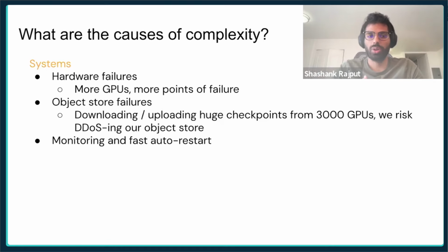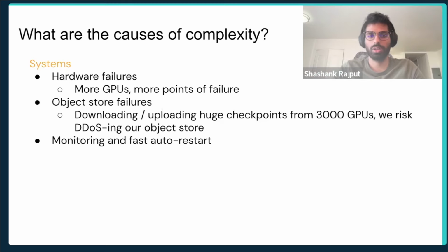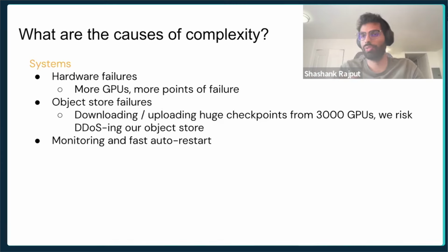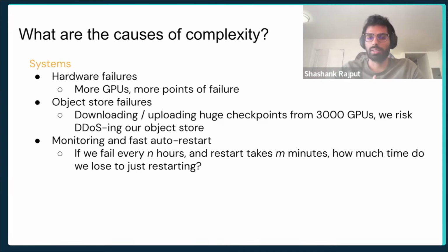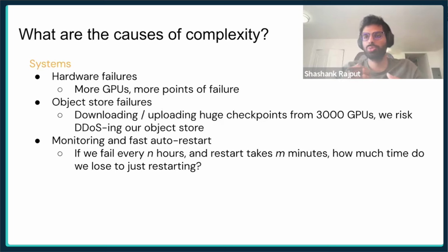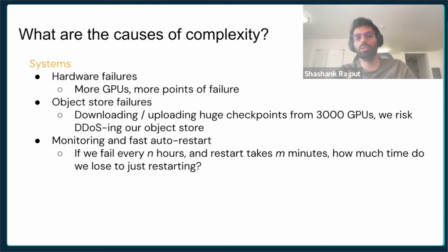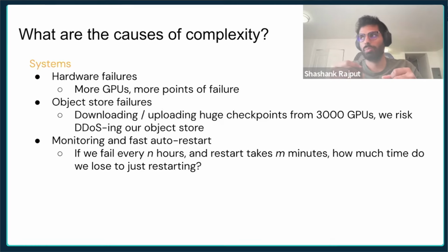And then you also need to have good systems in place to monitor your run all the time and ensure fast auto restart. This is because if, let's say, your run fails every n hours and it takes m minutes to restart, then you need to figure out how much time you lose while restarting. Depending on these factors, you also compute what your checkpointing frequency should be.